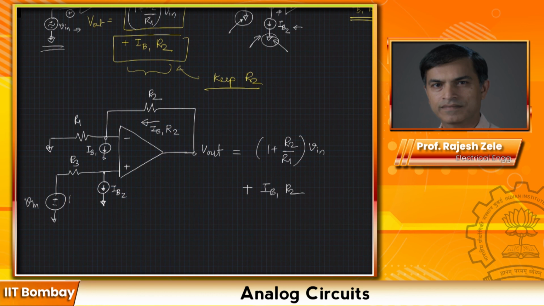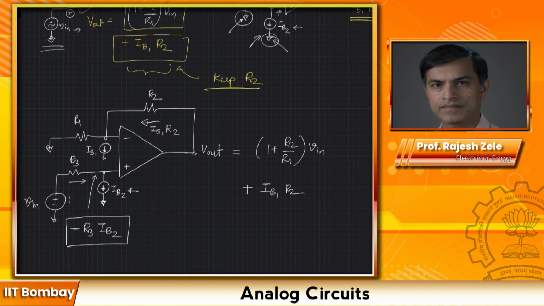And when we look at IB2 only, the transfer function for IB2 to output, what you would do is remove the input voltage, remove IB1, and you will see that this IB2 current has to flow in this particular resistor, and this voltage is going to be minus R3 times IB2 at the positive terminal.